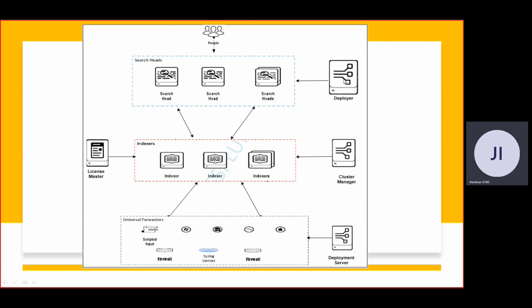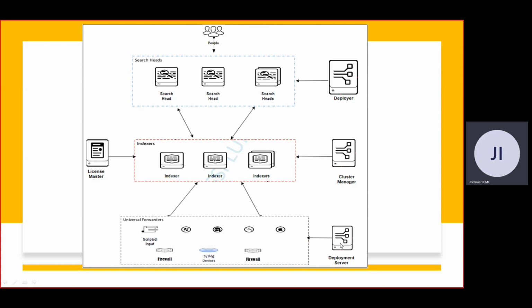Similarly, if we have some common configuration that needs to be pushed to all the search heads, then the deployer is the best component. With the help of the deployer, we can push those configurations across all the search heads. Similarly, the cluster manager: if you want to push common configurations across all the indexers, then the cluster manager will help us.